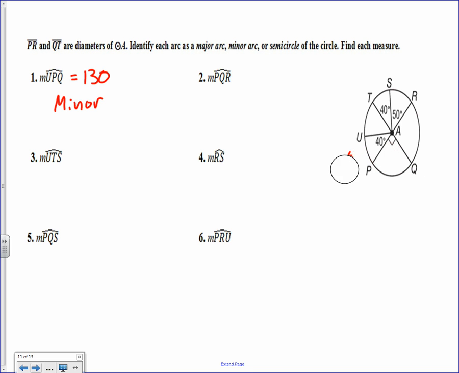If you didn't get a chance to draw the diagram, you might pause the video to do that, so that you're not trying to do 3 things at once. PQR, again, goes in order.